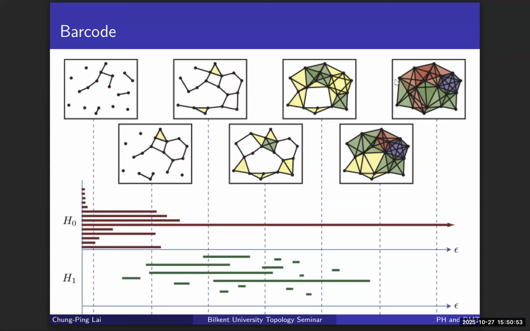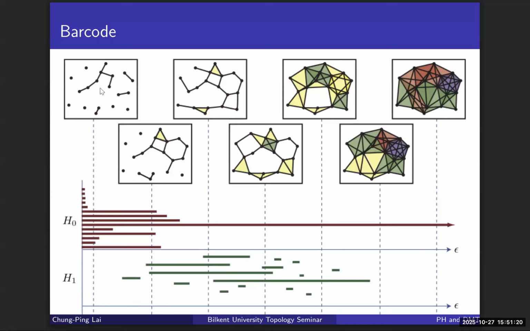So there are 7 images here, and this is really constructing the Vietoris-Rips complex of the same set of underlying vertices. When you move from left to right, you are increasing the radius r, constructing the Vietoris-Rips complex with increasing radius.